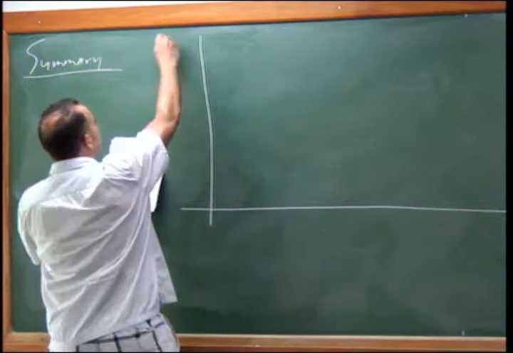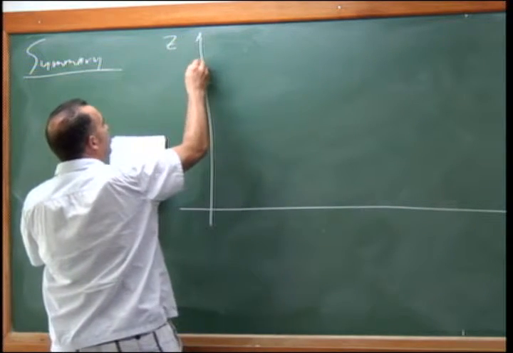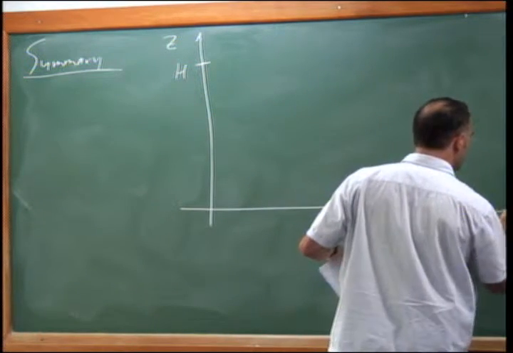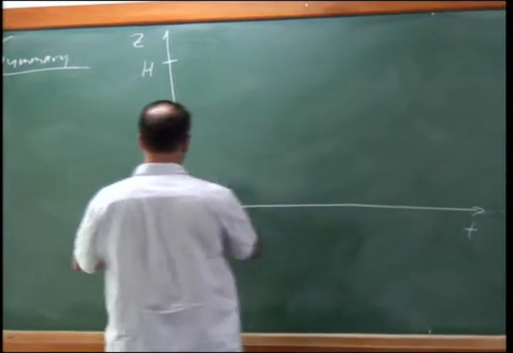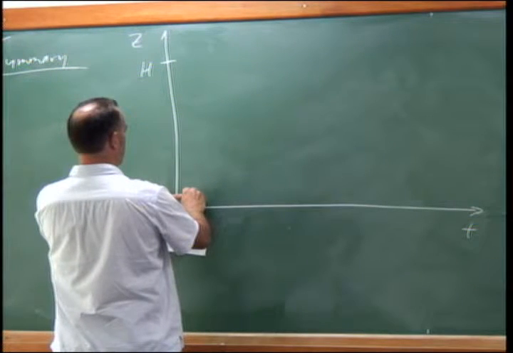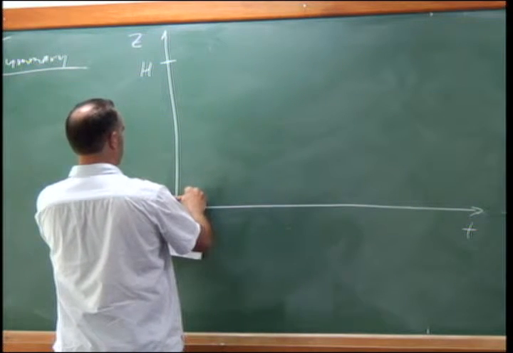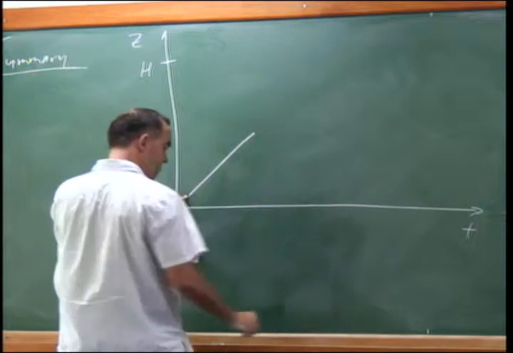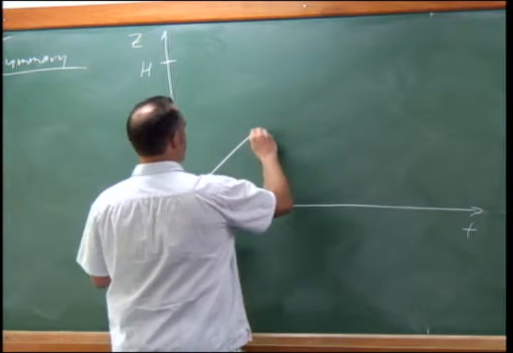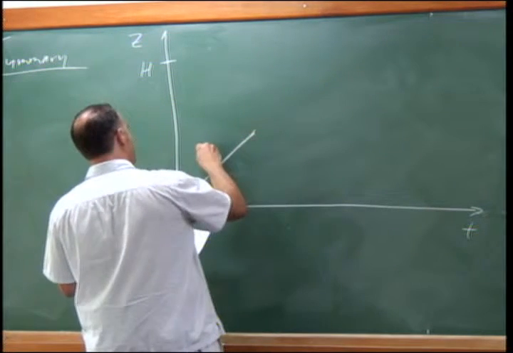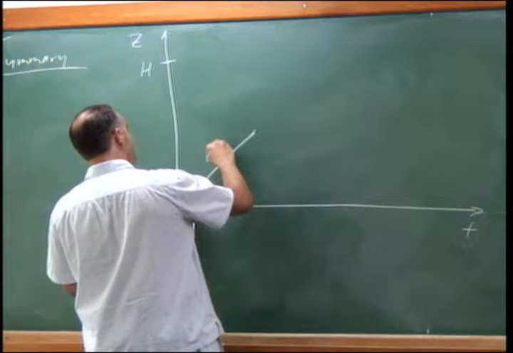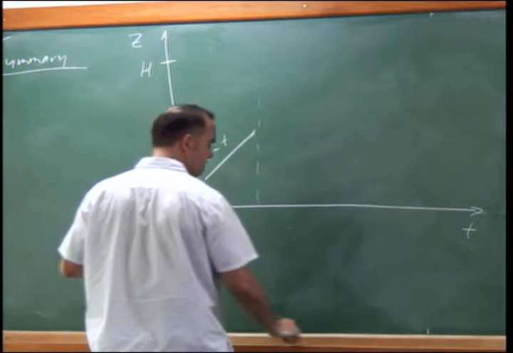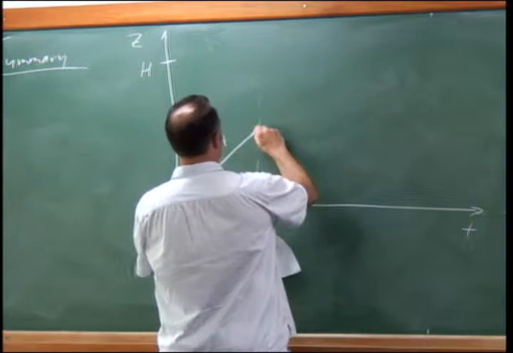So this is our Z, this is our H, and this is time. So it's basically a linear regime. And the square root of time.